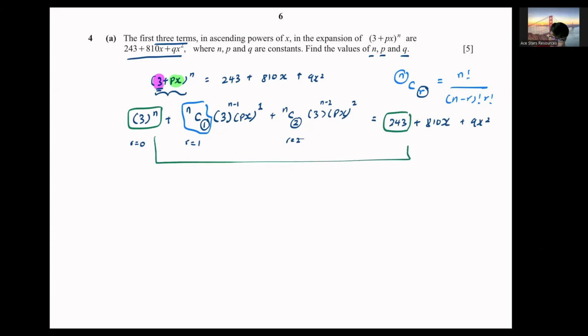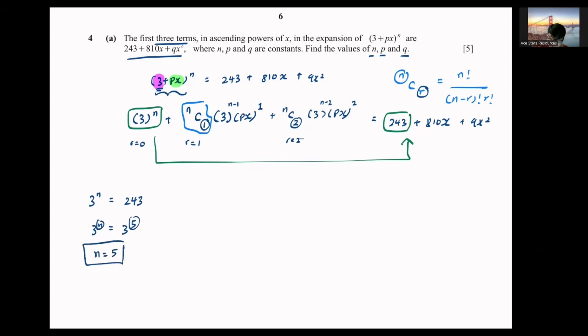So how can you compare 3 to the power of n with 243? 243 is actually 3 to the power of 5. My bad, not 8. So it's obvious that your n is equal to 5.